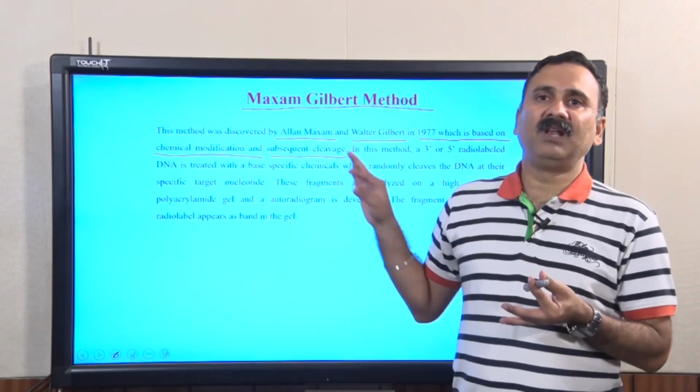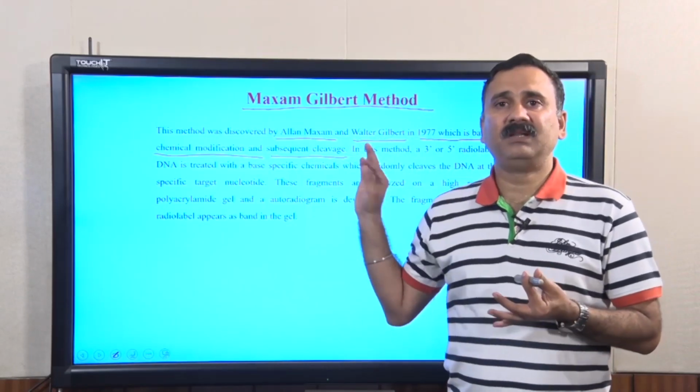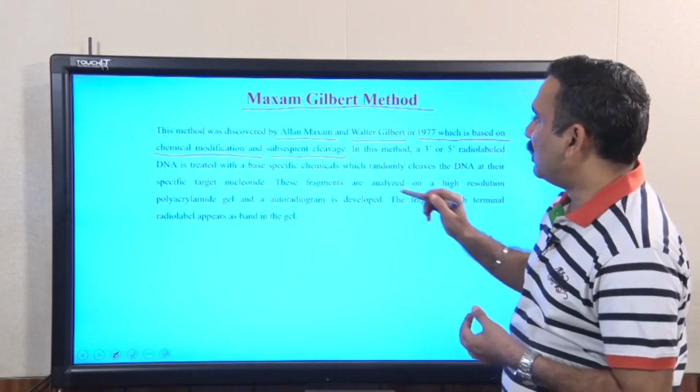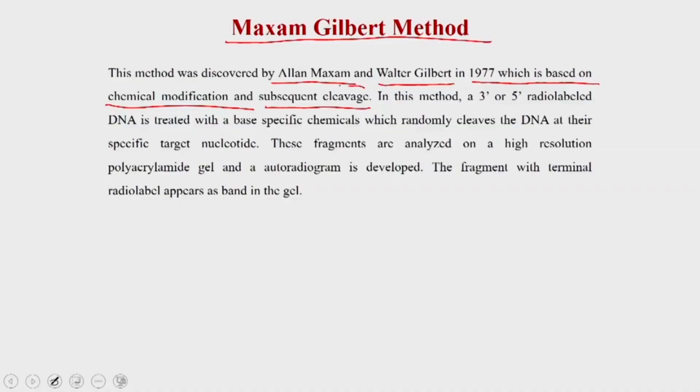Whereas, the Maxam-Gilbert method utilizes base modification as well as cleavage. In this method you first modify the bases and then you catalyze cleavage reactions.